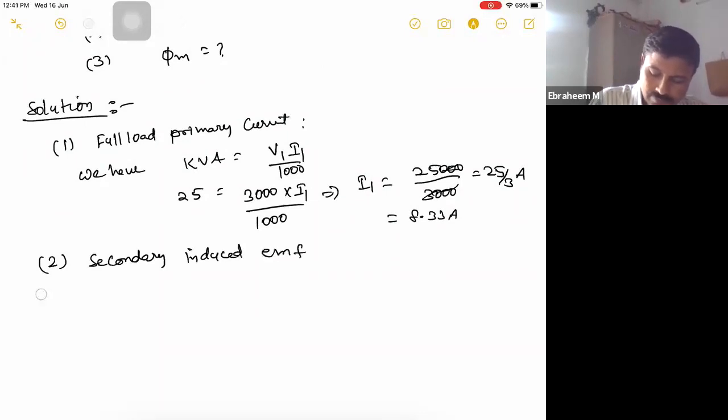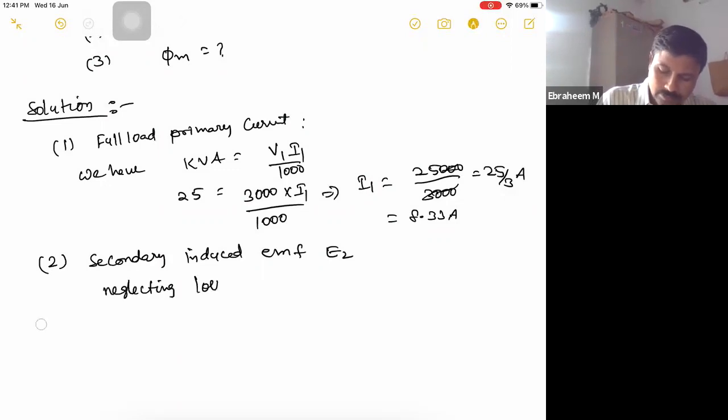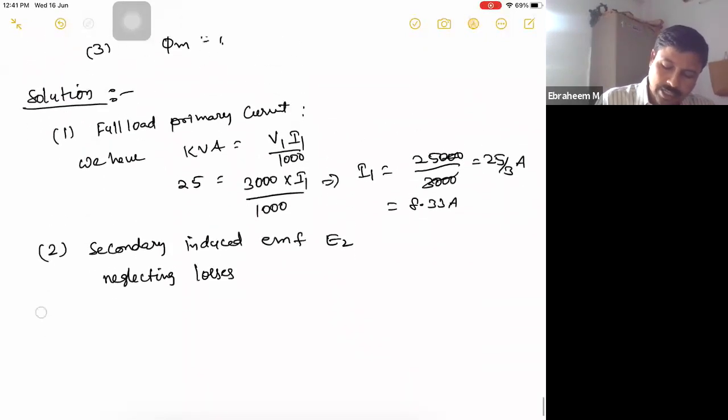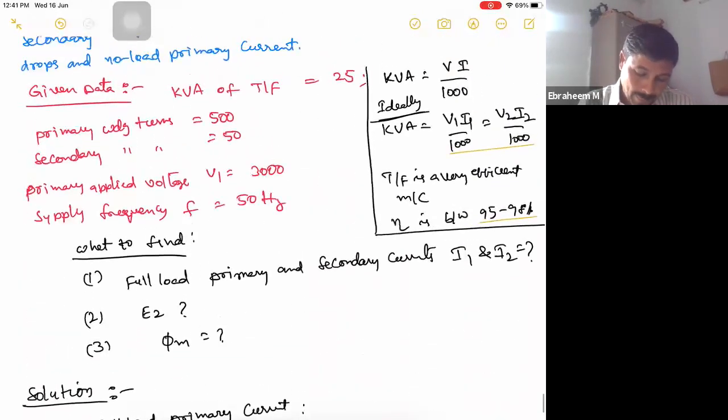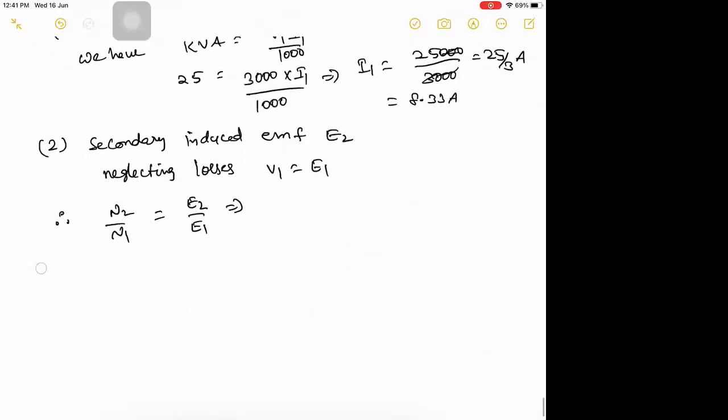So next, E2, the secondary induced EMF. Neglecting losses, we have V1 is equal to E1. Therefore, N2 by N1 is equal to E2 by E1. N2 is how much? 50. And N1 is 500.